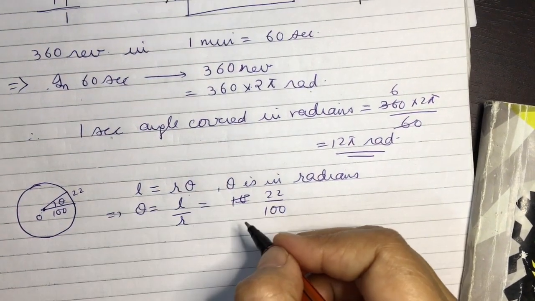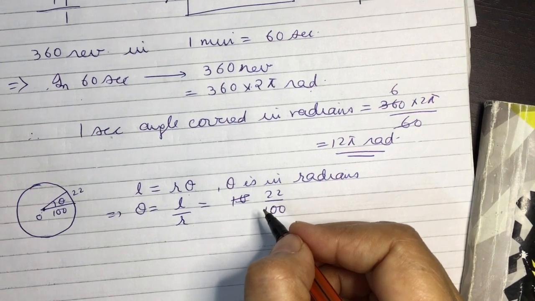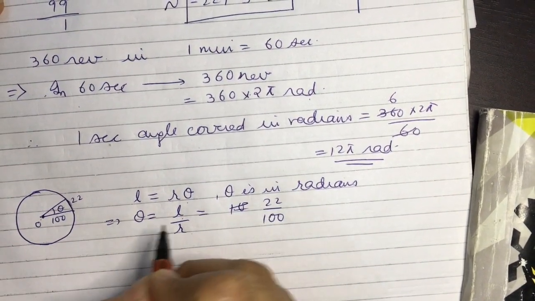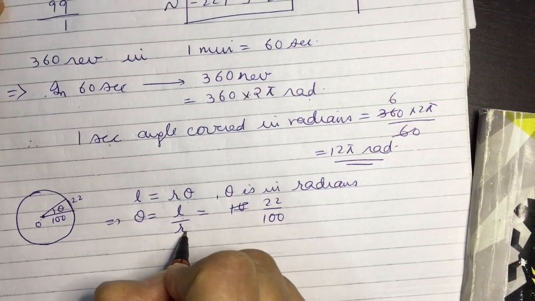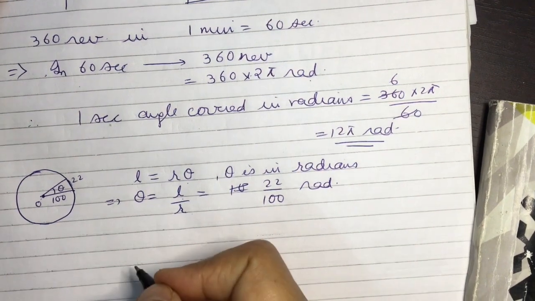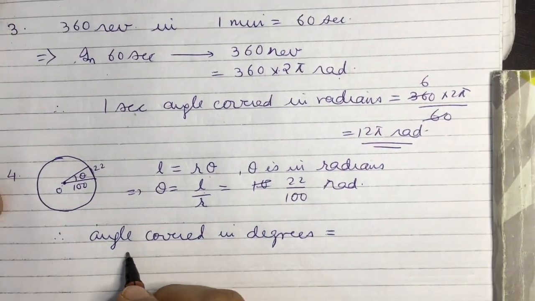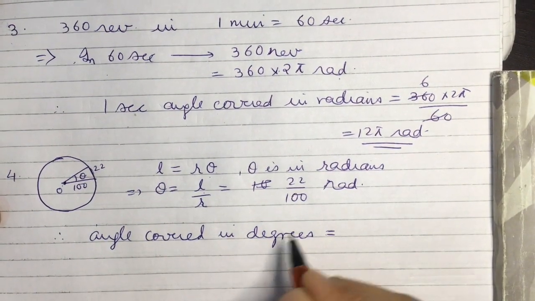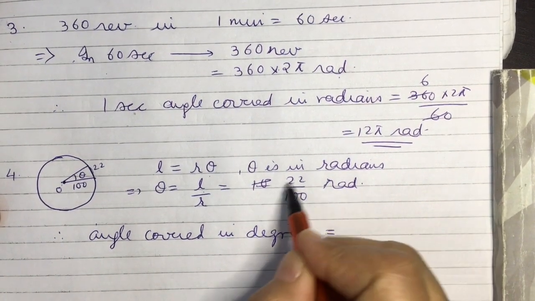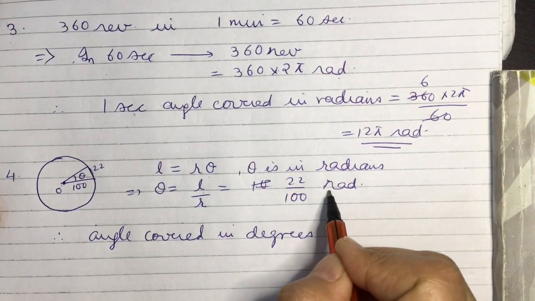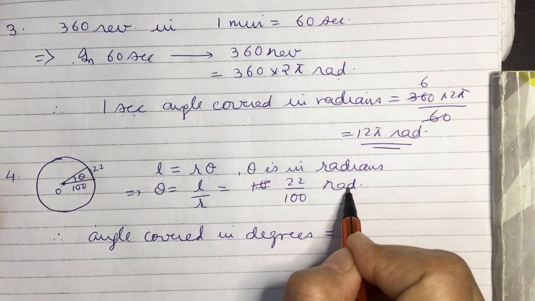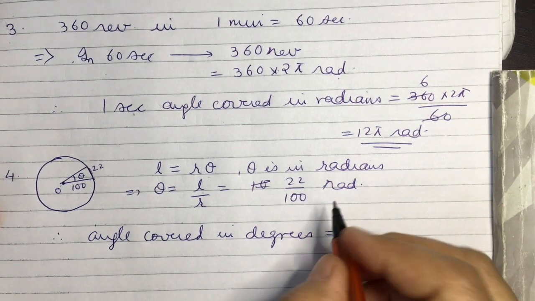So first we will find theta in radians, then we will convert it to degrees to report the answer. So theta becomes equal to L, which is 22, upon the radius r, which is 100. Therefore, the angle covered in degrees will be equal to, whatever angle has come in radians, we multiply by a factor of 180 over pi.